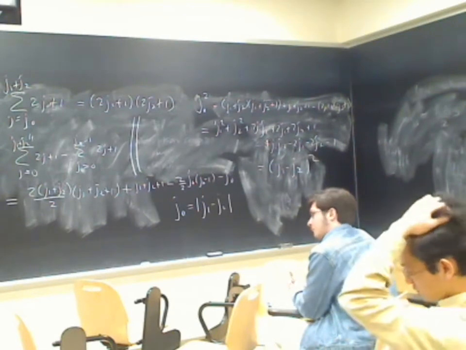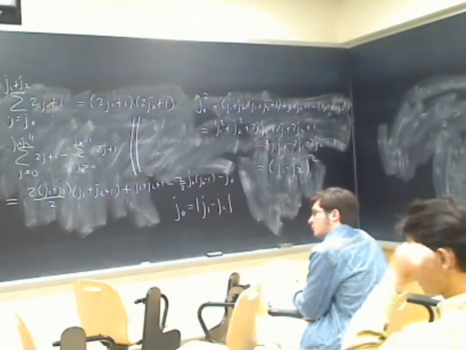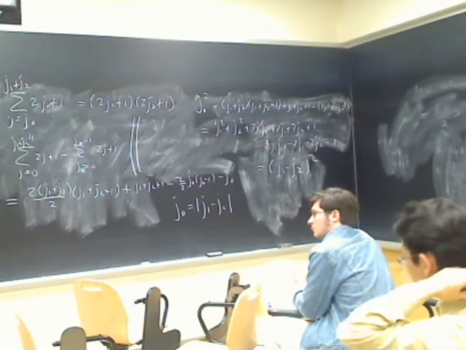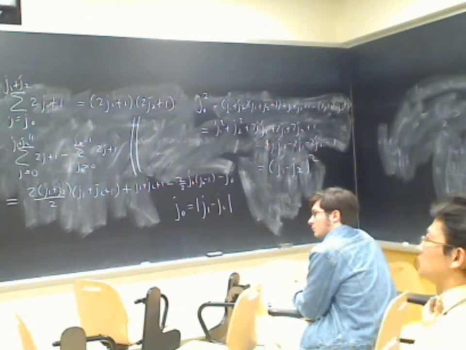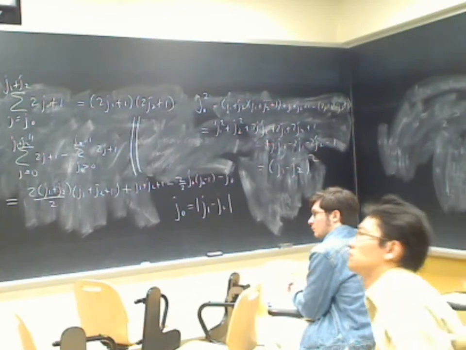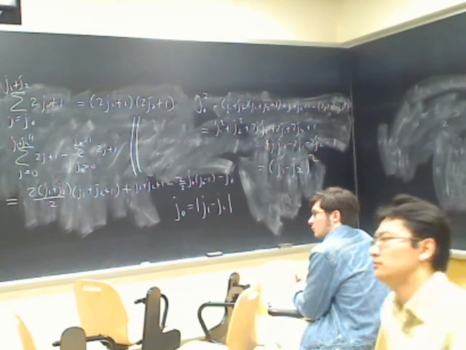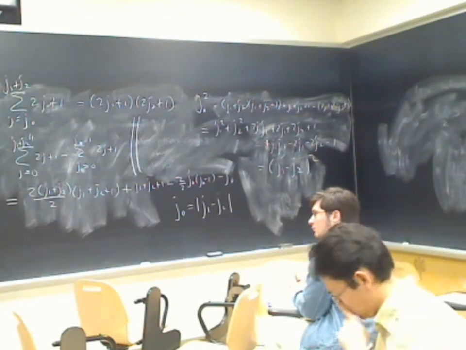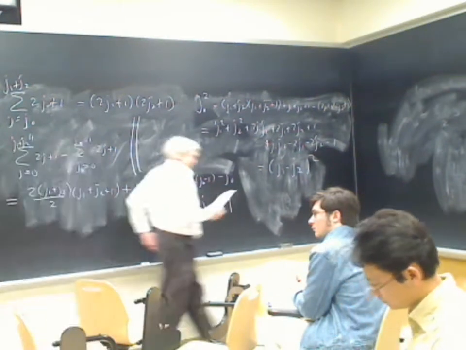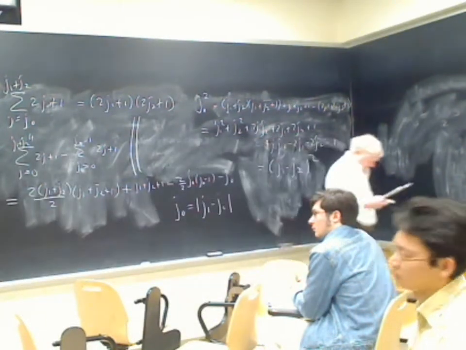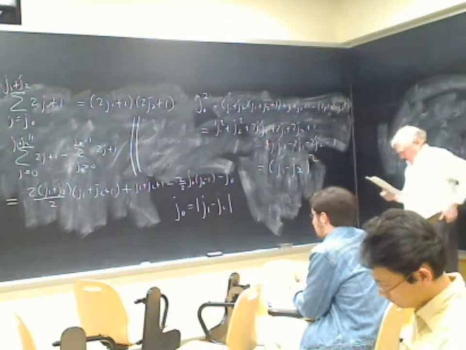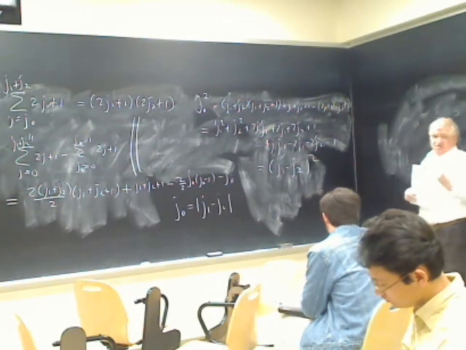And it goes in steps of 1, as does m, so it stays within either bosons or fermions. I wonder if there's a tighter way of doing that argument, but I don't recall what that might be. All right, any questions?